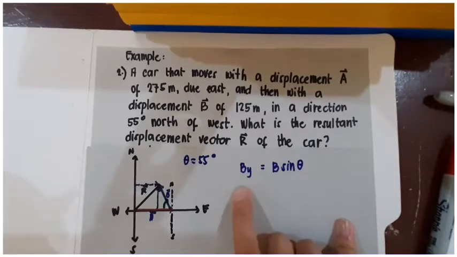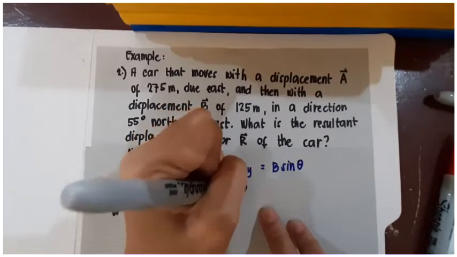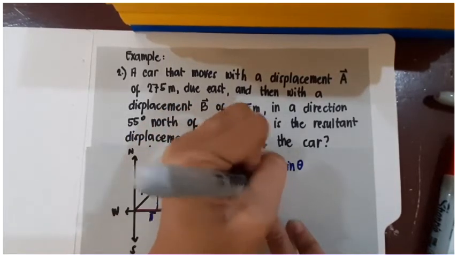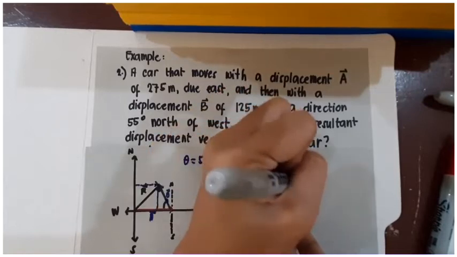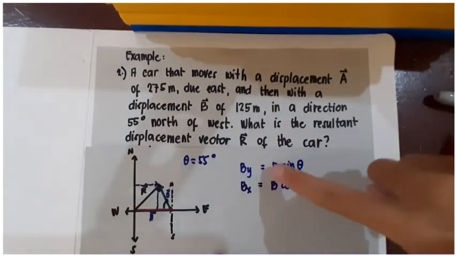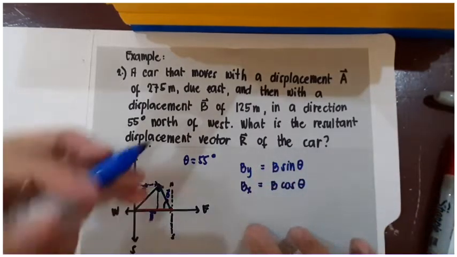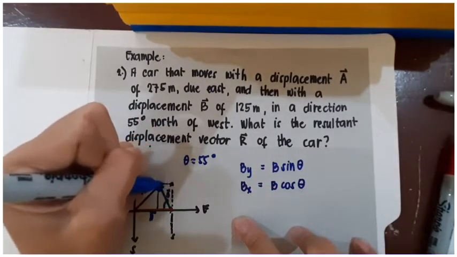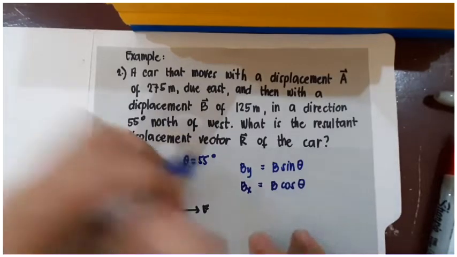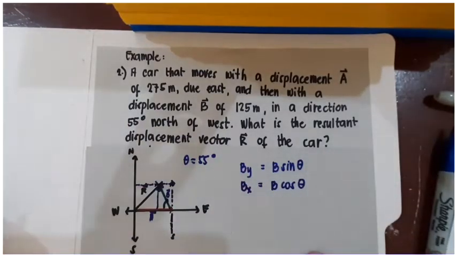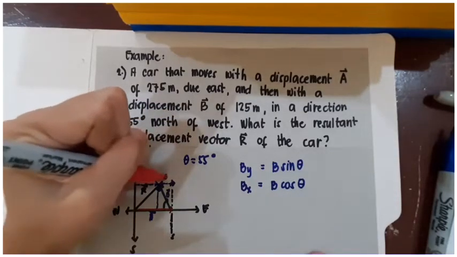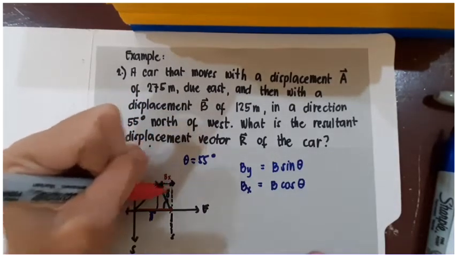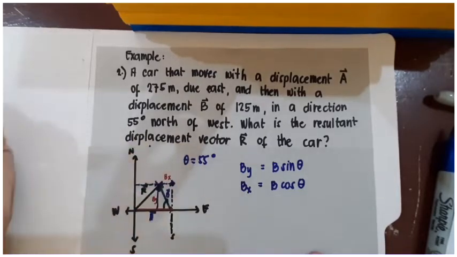And then, we are going to look for your x component ni B. That's bx, which is equal to b cosine theta. This is your y component, this is your x component. Ito si x component ni B. Klaro ba? This is your bx, and then this side is your by.